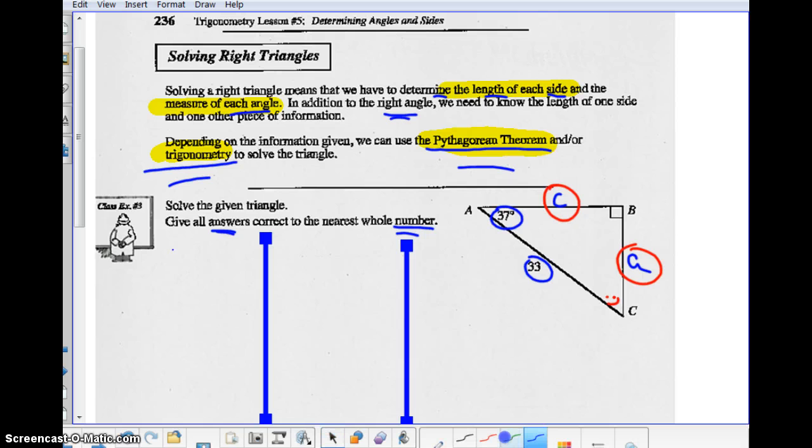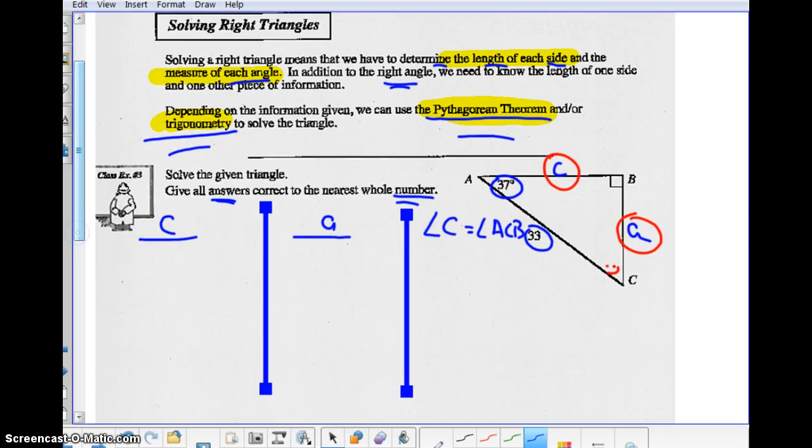So let's put those things down on my chart. I've got to find out little c, that side. I've got to find out little a, that side. I also have to find out angle C, or if you want to use 3 letters, you could call it angle ACB, whatever you want, okay? What will I use to find out c? Well, I can't use Pythagoras' theorem because I don't have 2 sides, so I need to use trig.